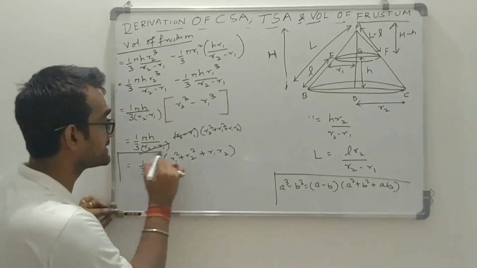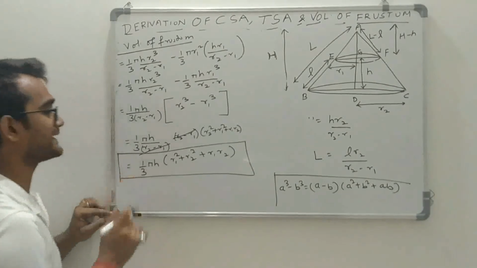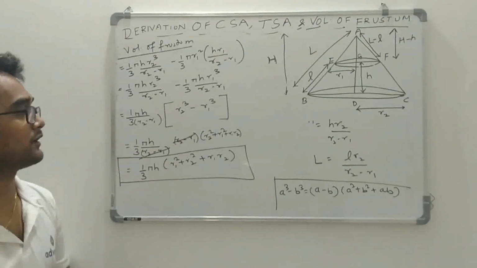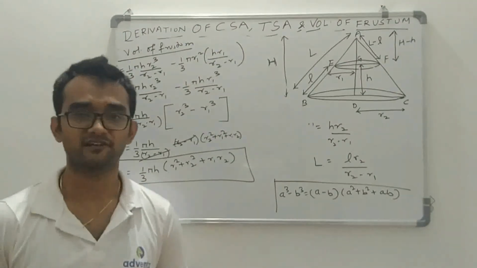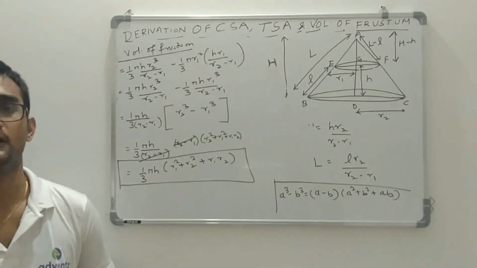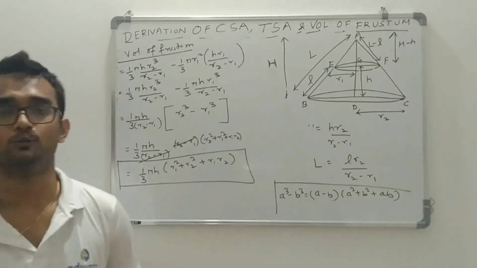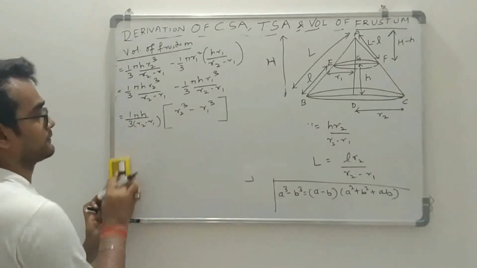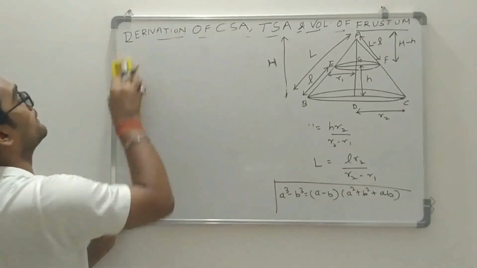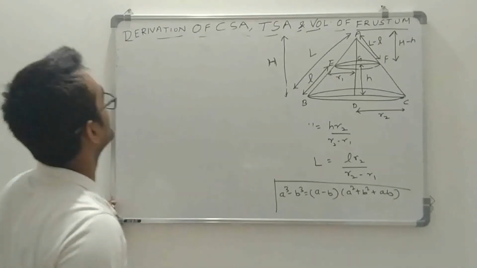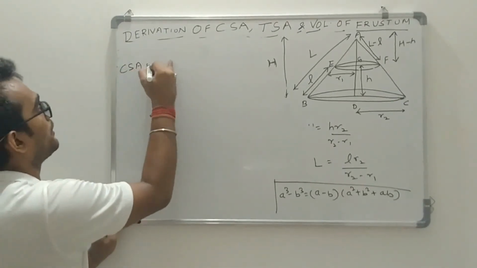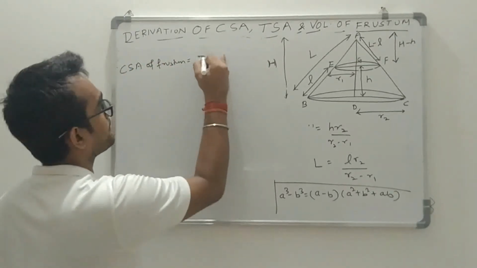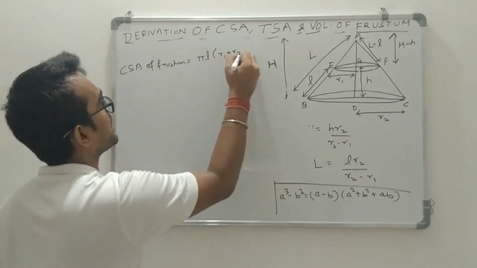So friends, this is the formula for calculating the volume of frustum. Now I will write all the three formulas which I have derived, that is curved surface area of frustum, total surface area of frustum and volume of frustum. CSA of frustum: the formula which I derived was pi L (R1 plus R2).